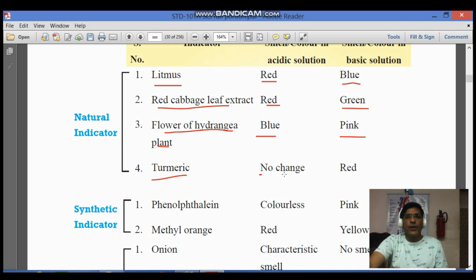Turmeric: when acid is there and we add turmeric, there is no change, but if base is there, then it will turn red. In our house there is a soap solution. Soap is always a base, and if we add turmeric powder, it will convert into red. So it is a natural indicator.